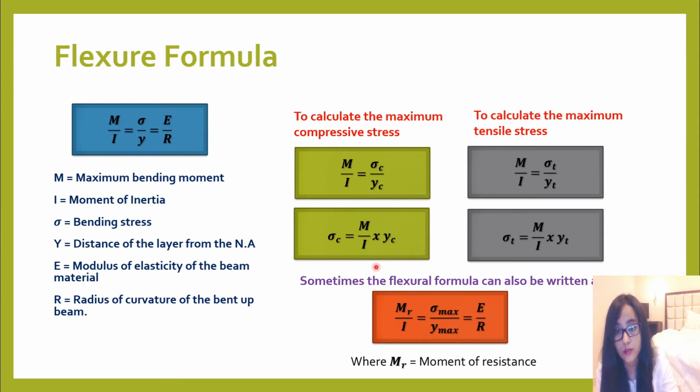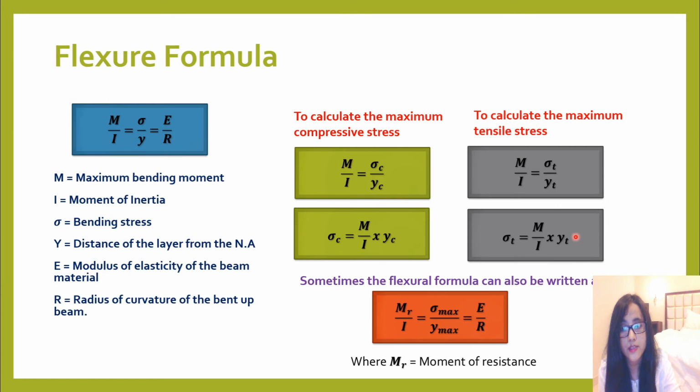Okay, so similarly, if you want to find tensile stresses, then you have to go to the tensile zone, and whatever distances you have to take, you will take them for tension. So sigma t will be equal to M by I into yt.